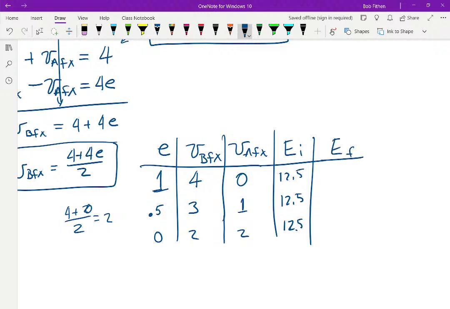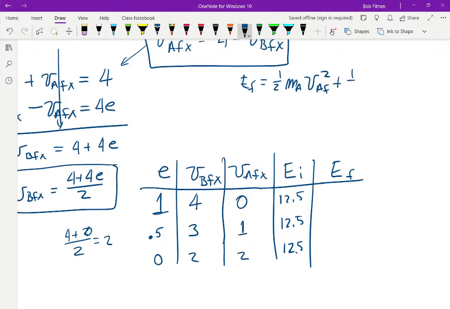To do this, I need to recognize the energy final is 1/2, and I'm going to move this up, I think, because I'm going to start playing with the energy final is equal to 1/2 MA VA final squared, and that is the magnitude, plus 1/2 MB VB final squared. So let's look at the first case, where you have this.